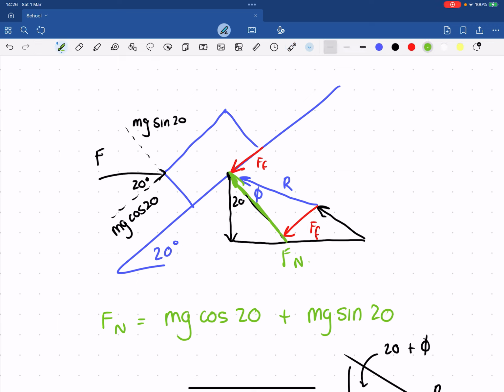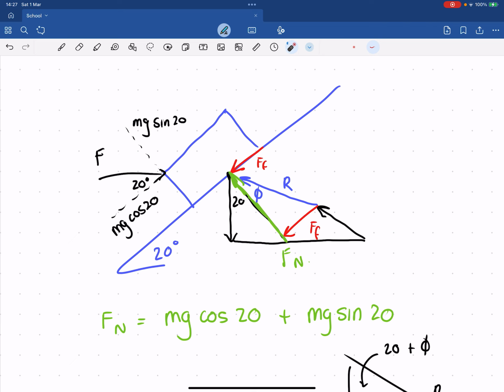And what I'm trying to say here is that the force that the friction is offering on the object has been contributed not only by the downwards weight component of the force, but also by this component of this force here.